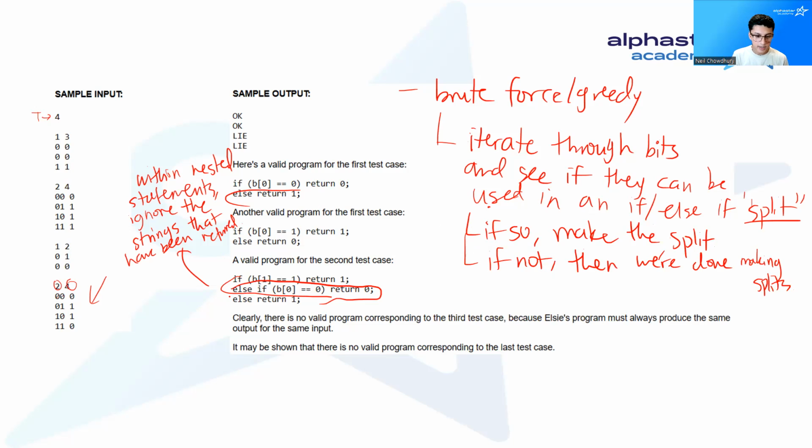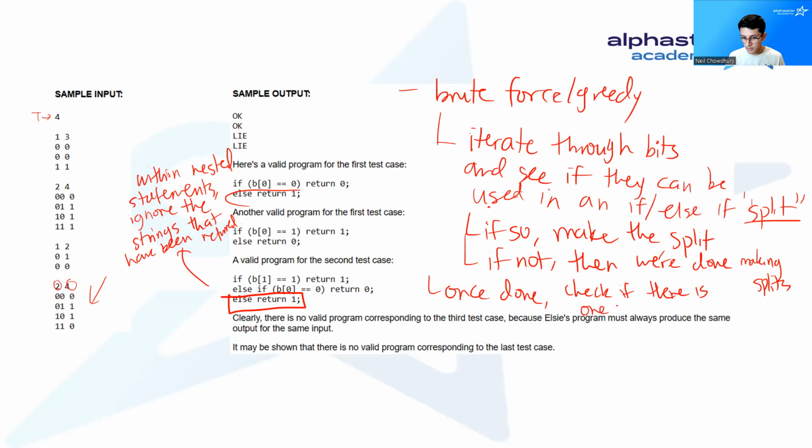Well, hopefully we've reached the else return statement in our code. And in this case, once done, we just need to check that there's only one type of output left in the set of strings that we haven't already returned outputs for. So here we check if there's only one output left, because then we could just return it.